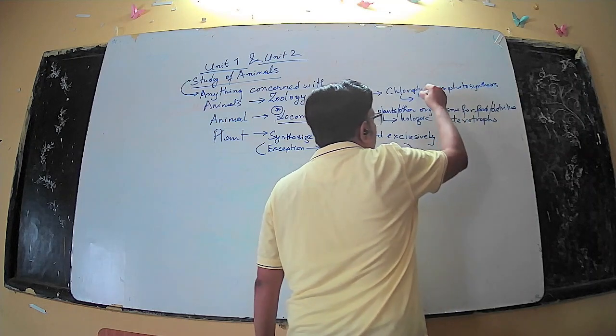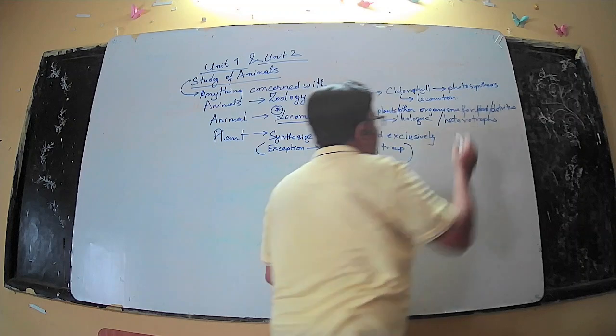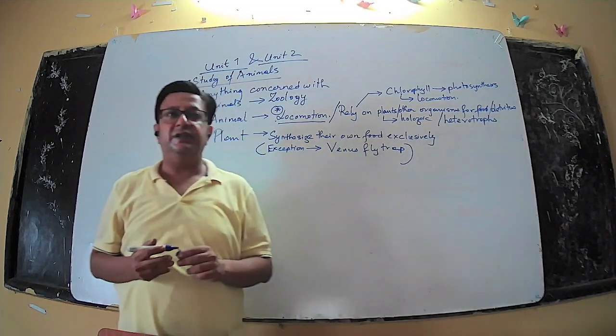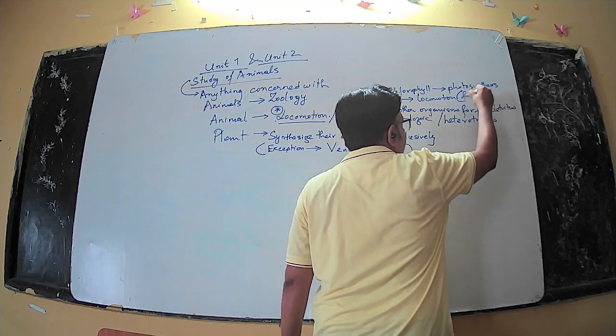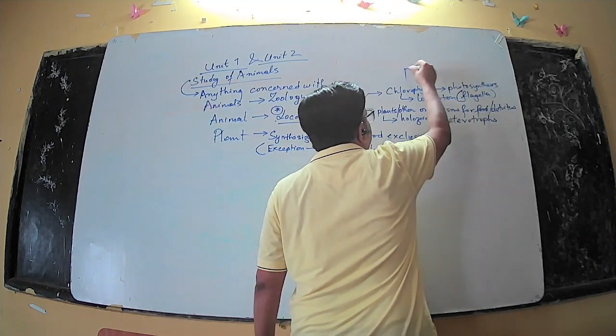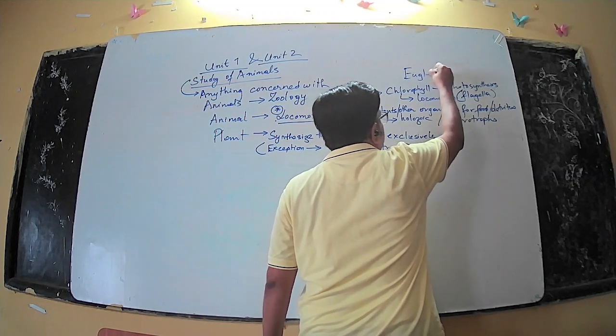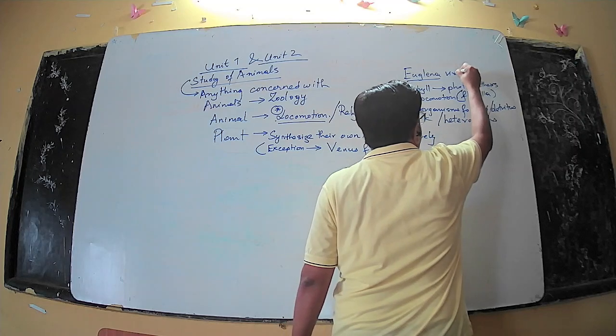Yet they have locomotion. They move about with the help of an organelle known as flagella, and that is Euglena. Euglena viridis.